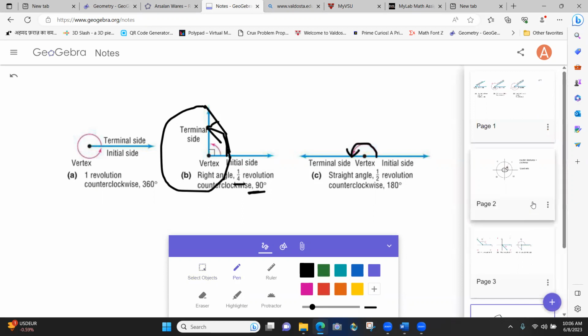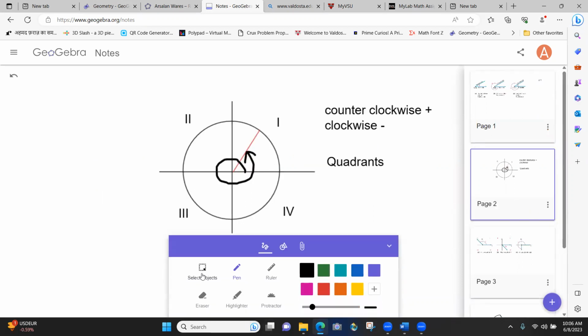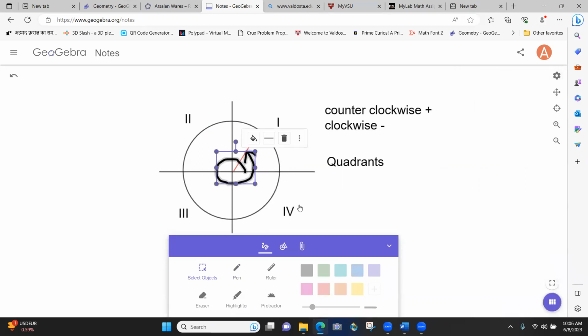So let me show you on this. Quarter would mean what? You start from here, you go this much. You went a quarter. This angle is 90 degrees, and this is 1/4. You can also go half a circle.